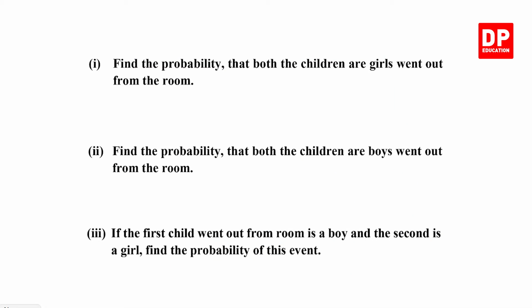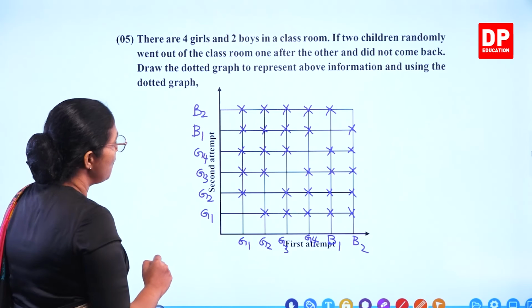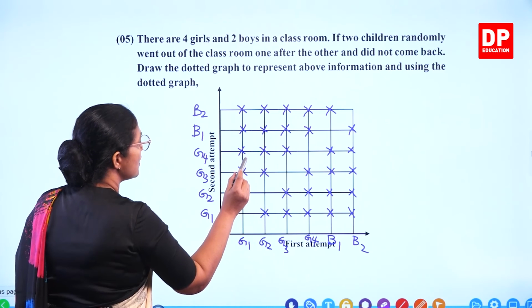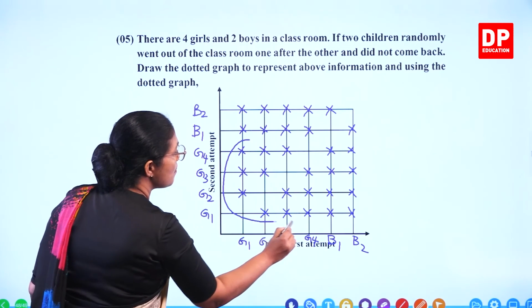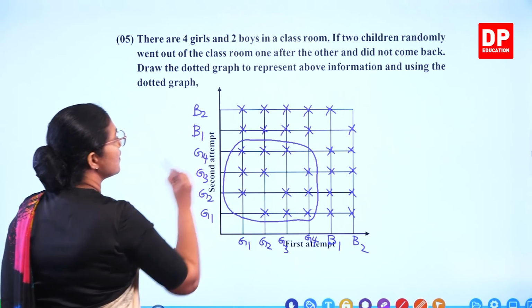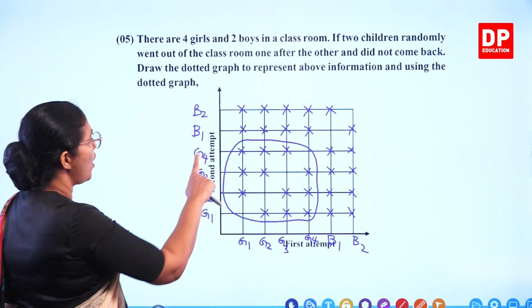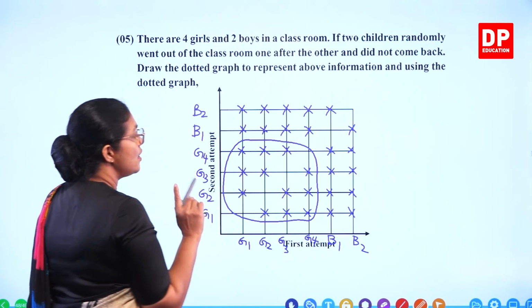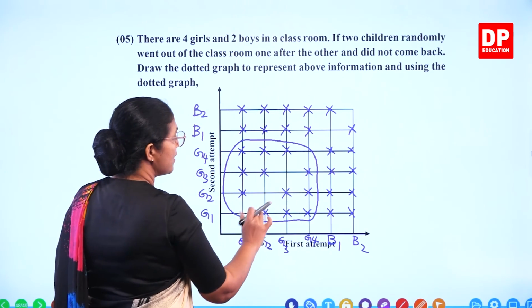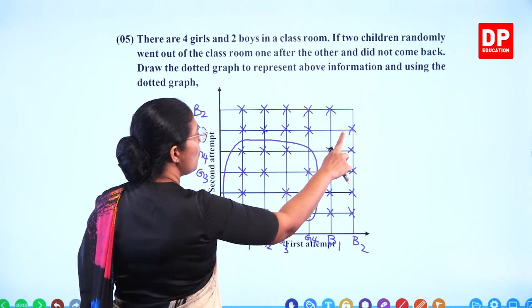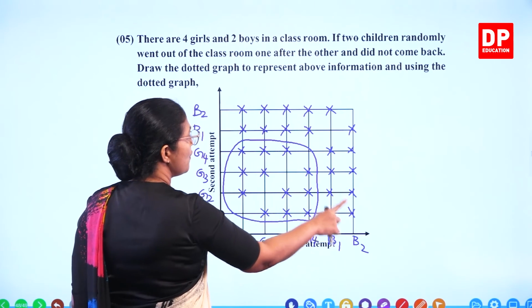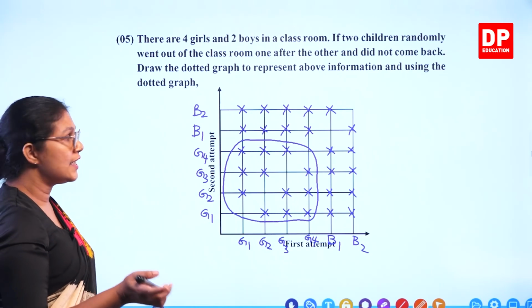Find the probability that both the children who went out from the room are girls. So let's see which part is that, girls and girls. So which section? This part you have to consider. So 1, 2, 3, 4, 5, 6, 7, 8, 9, 10, 11, 12. 12 out of the whole thing. How many are all together? 1, 2, 3, 4, 5, 6, 7, 8, 9, 10, 11, 12, 13, 14, 15. 15 and 15, 30.